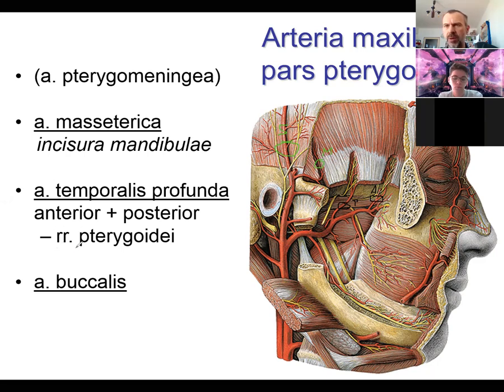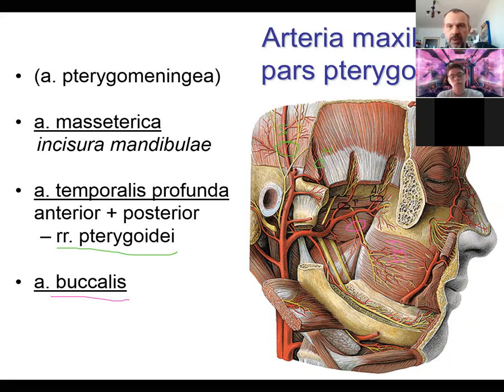These deep temporal arteries also give the smaller pterygoid branches for the medial and lateral pterygoid muscle. And then we have the buccal artery. The buccal artery, together with the buccal nerve, runs here and supplies the buccinator muscle. The buccal nerve is a sensory nerve for the face, as we know, because the buccinator muscle is supplied by buccal branches of the facial nerve for the motor innervation. So the buccal nerve is sensory, and the buccal artery is supplying the face here.